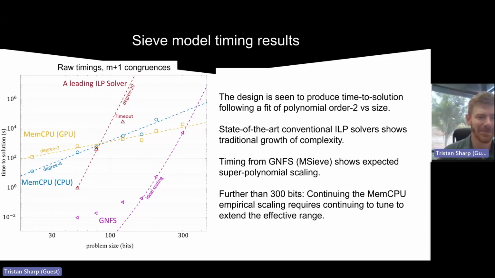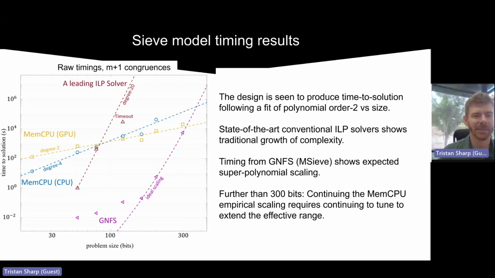But the timing from MSieve, which is the general number field sieve package, shows the ideal super-polynomial scaling here. I don't quite get to the crossover. And okay, so that's interesting, right? Getting to 300 bits, we were proud of that.